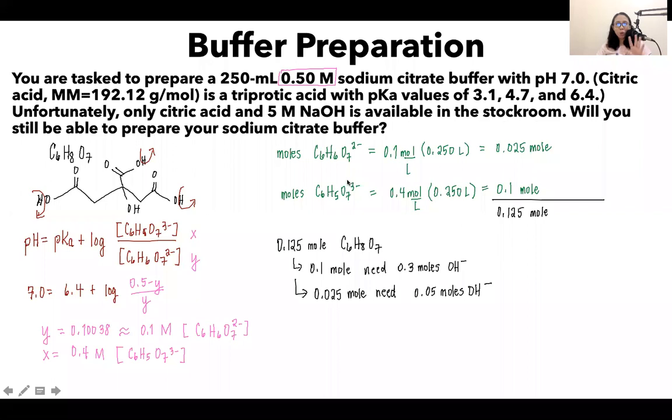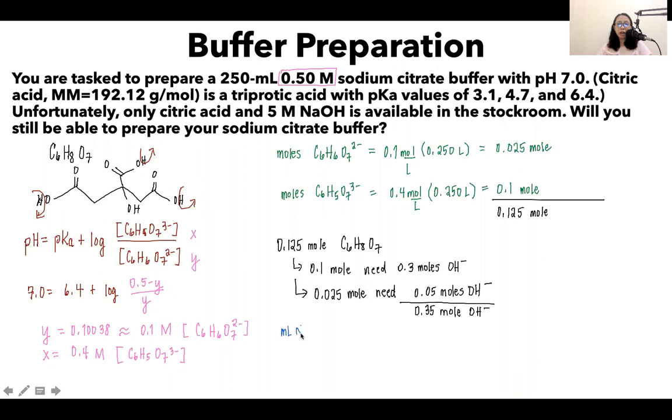So now we know how many moles of hydroxide ions we need. With that, we will add these two. So the total amount of hydroxide ions that we need is 0.35 mole. With this and with the given concentration of our sodium hydroxide solution, we can determine the volume that we need.